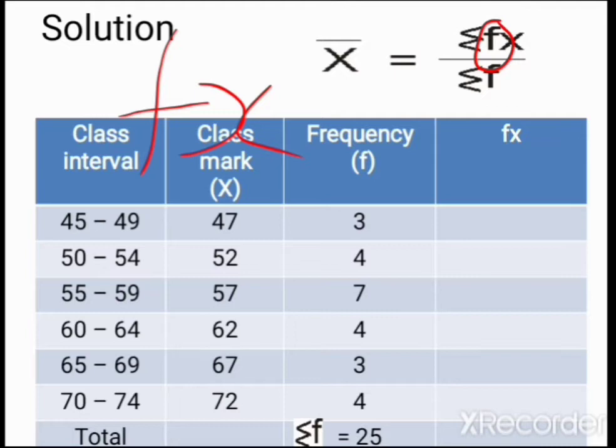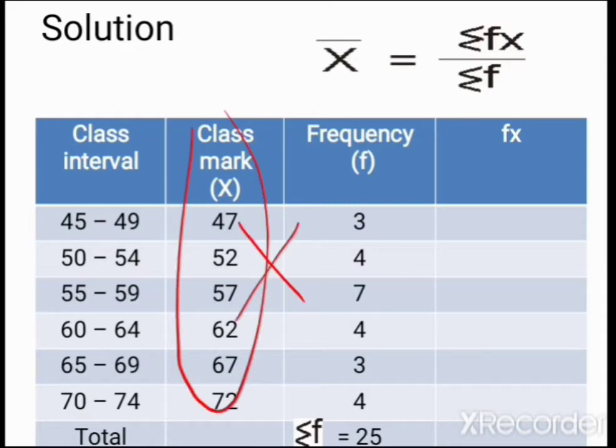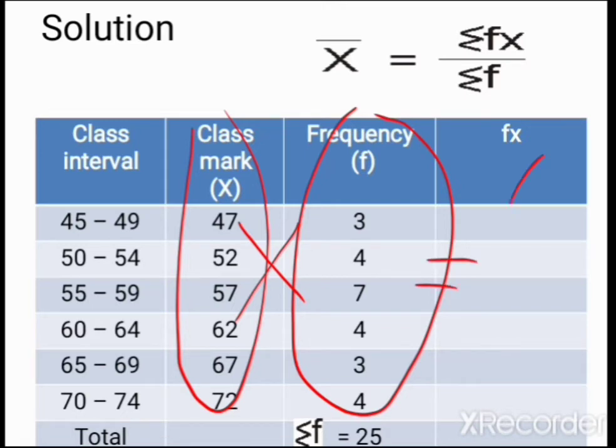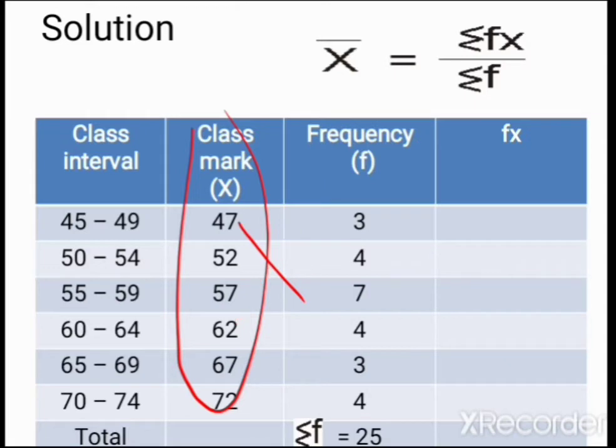So what we simply do at this point is use the frequency to multiply the class mark, this column times this column. That will give us this column. So let's do that now. We take row times row in the two columns.